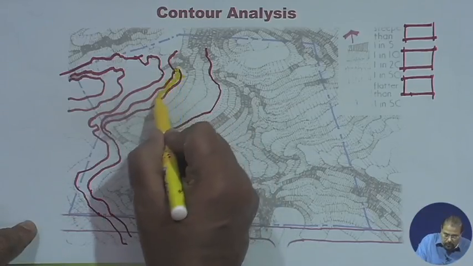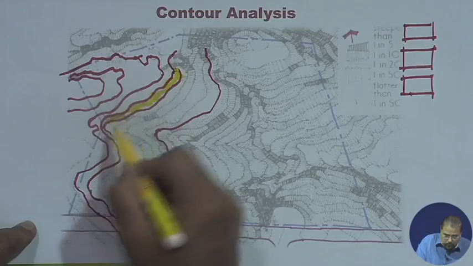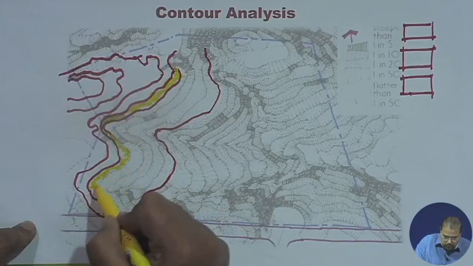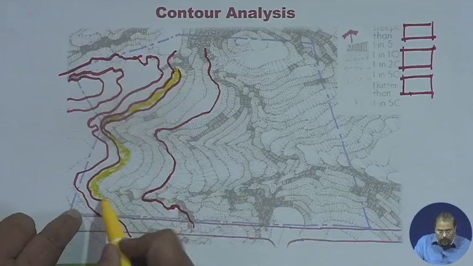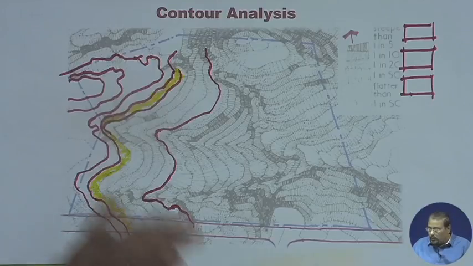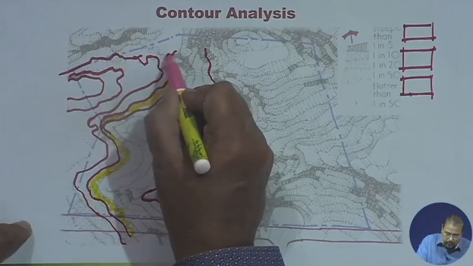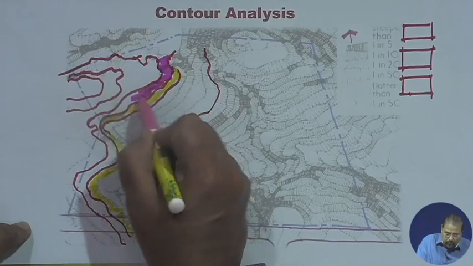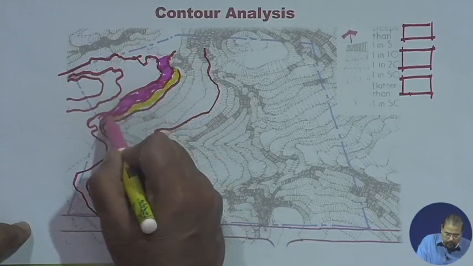Say this one is yellow color, this plate wherever it is going is the yellow color, and the other plate is a pink color, with whatever available colors I do have.